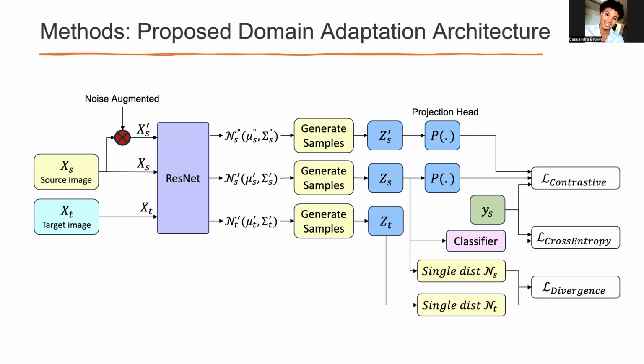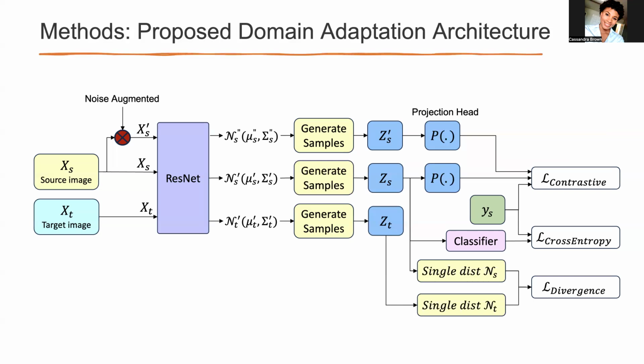We also take the target image samples and generate a single distribution out of those. Once we have those distributions, we try to align the source and target distributions using KL divergence. So this architecture summarizes our whole proposed method.